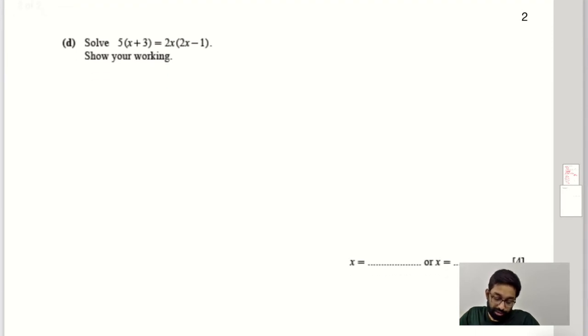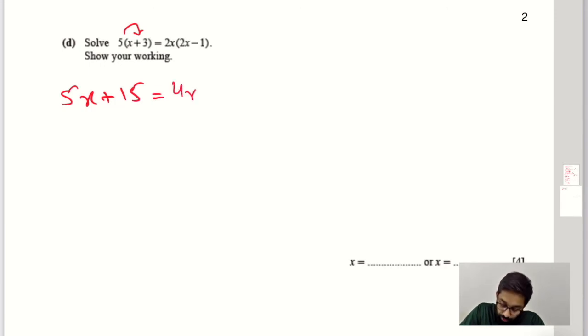The last part says solve 5 times x plus 3 equal to 2x times 2x minus 1. That means we have to find the values of x. So let's start multiplying. I'll start directly. So I multiply 5 with x plus 3. I get 5x plus 15 equal to 2x times 2x gives me 4x square minus 2x.